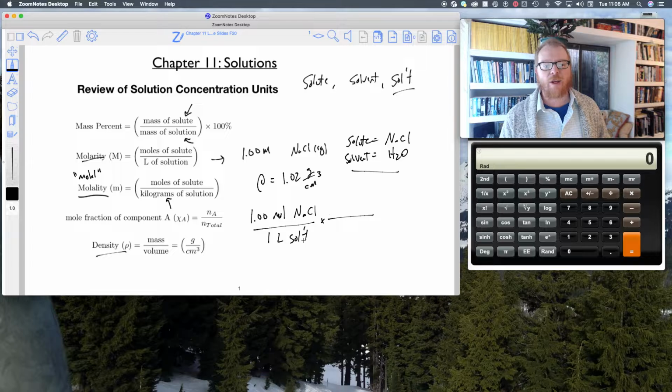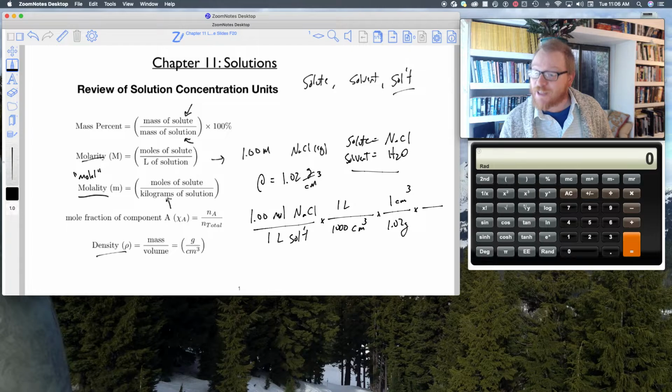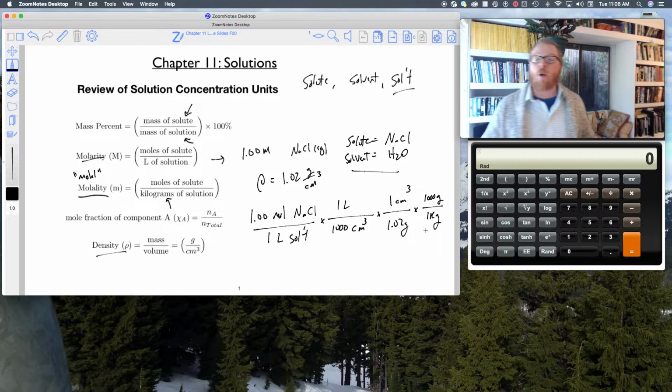And so we know that that 1 liter is 1,000 cubic centimeters, which is the same as 1,000 milliliters, right? And then finally, from the density of that solution, it was 1 cubic centimeter and 1.02 grams. However, we recognize it's got to be kilograms of solution. So then finally, I can say in 1,000 grams, there's 1 kilogram. So my 1 molar NaCl solution will have the following molality.